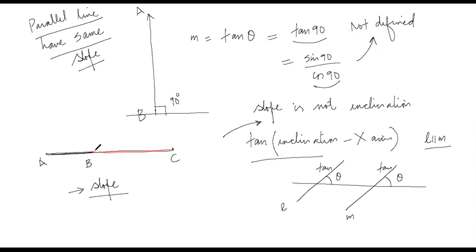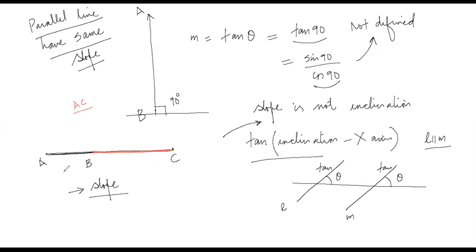All right. Now AB and BC are part of AC. Or you can say AB is parallel to BC is parallel to AC. Now guys, whatever is the slope of AC is the slope of AB is the slope of BC. Or whatever is the slope of AB is the slope of BC.